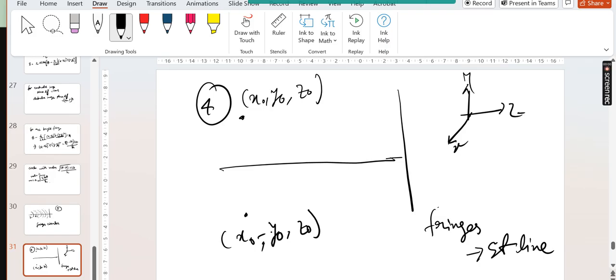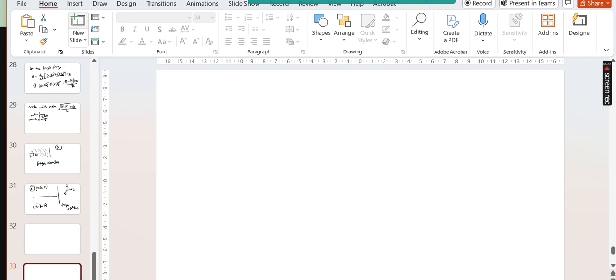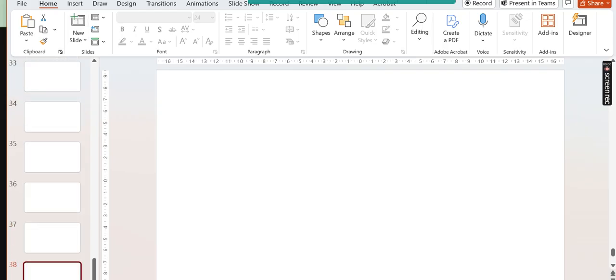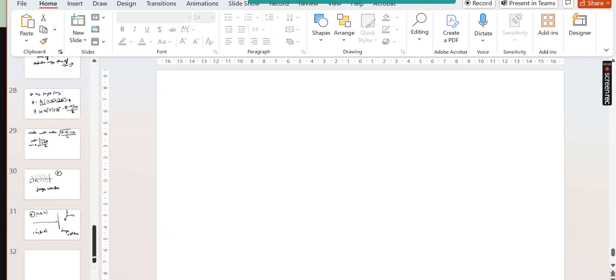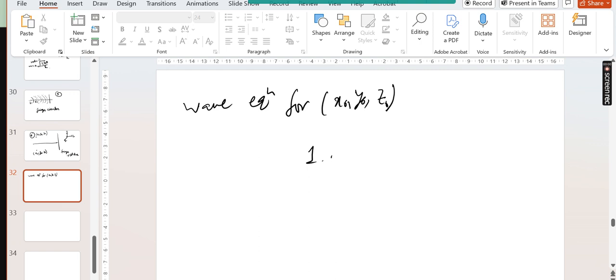If we do the calculation, we will get this part. So the equation of the wave for x naught, y naught, z naught is 1 e to the power ik by 2z naught times (x minus x naught) whole square plus (y minus y naught) whole square.